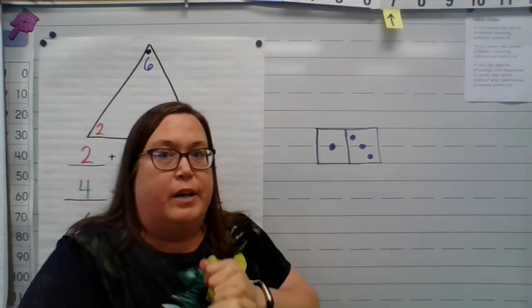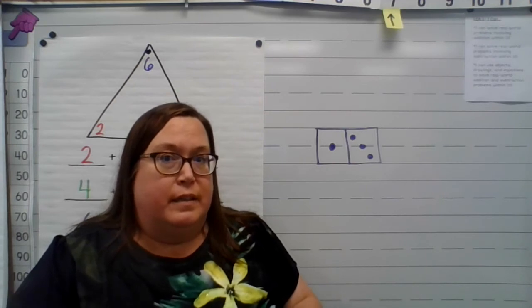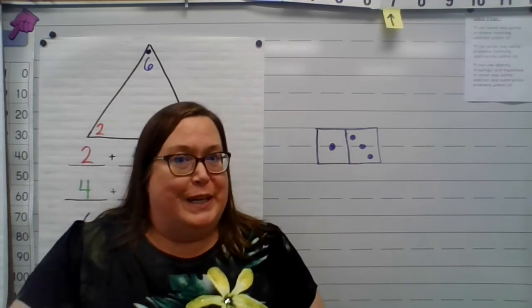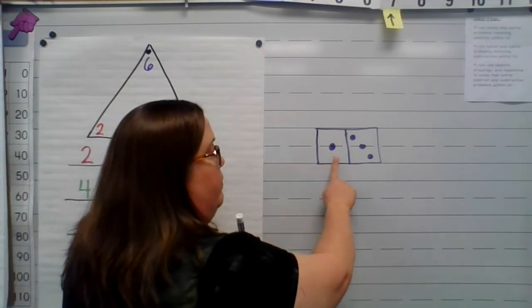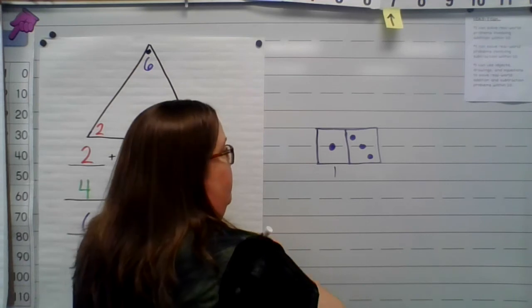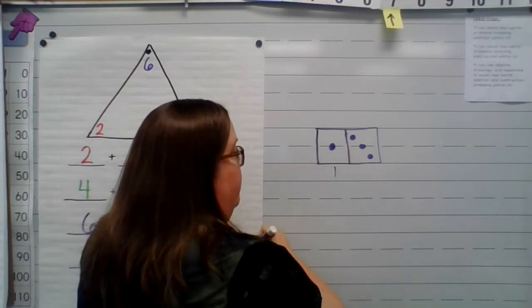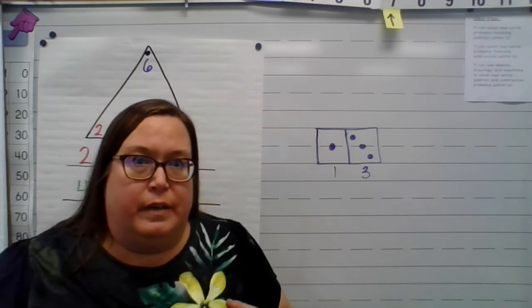Now looking at this domino, can you tell me what numbers are in this fact family? Can you tell me? 1. Yep. And 1, 2, 3. And what is the biggest number?